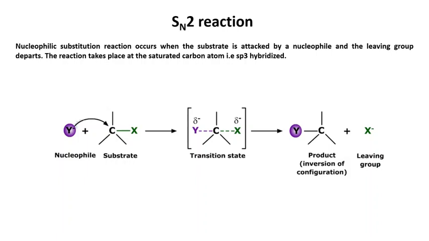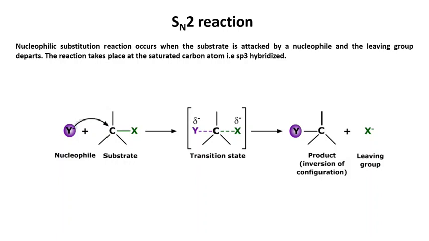Therefore, the nucleophile is required to approach from the backside, and configuration at carbon is inverted. Other way around, we can say, if nucleophile attacks the substrate carbon 180 degree away from the leaving group, which is regarded as rear side or back side attack, resulting in the inversion of configuration.